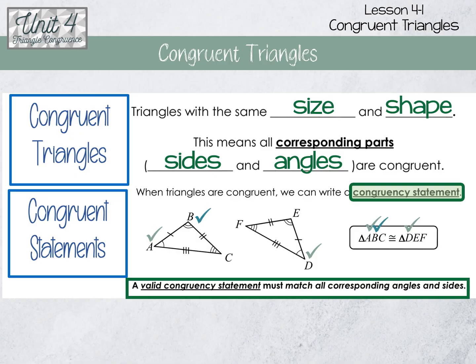Angle B must be congruent to angle E, and they both have two arcs, so that's great. Angle C and angle F both have three arcs. So there's our congruency statement. Triangle ABC is congruent to triangle DEF. We matched all corresponding angles.